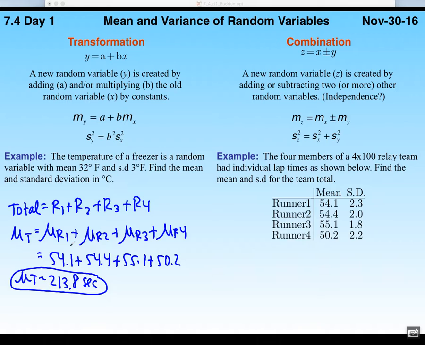And now we need to find the standard deviation. You don't find standard deviation though, you find variance. So the variance of the team is going to be the variance of the runners added. So I gave you standard deviation, so you need to square all of those.